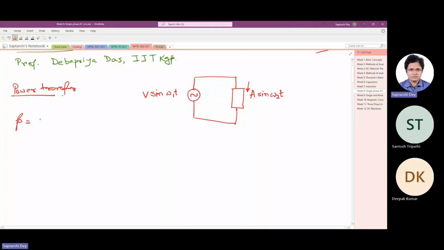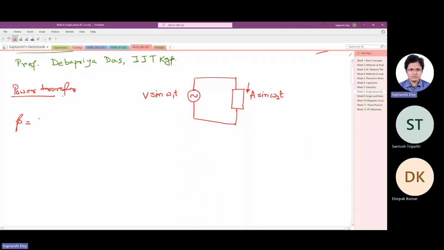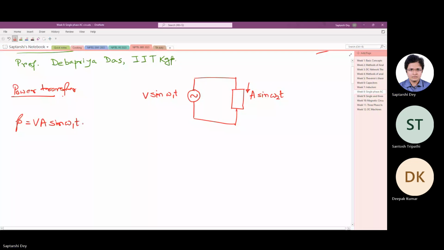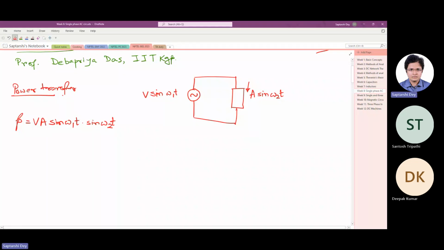The instantaneous power is simply the multiplication of the instantaneous values of current and voltage. So V A sine omega 1 t times sine omega 2 t. Okay. Have I turned on the recording? Yes.